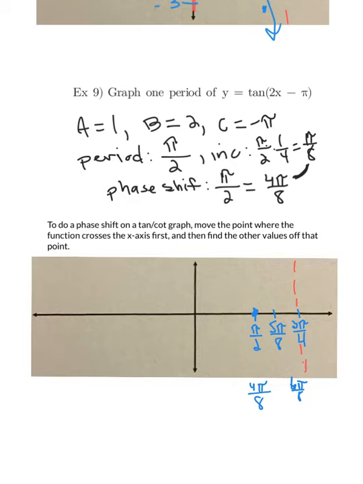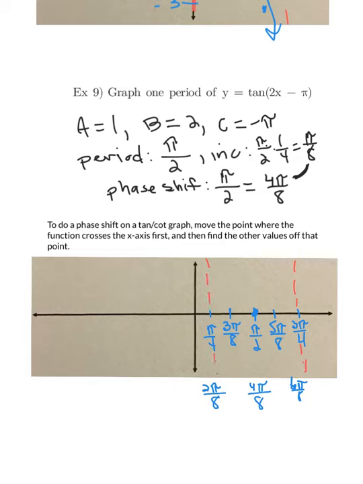Do the same on the left. The first mark over, 4 pi over 8 minus pi over 8, will put us at 3 pi over 8. 3 pi over 8 minus pi over 8 will put us at 2 pi over 8, which is pi over 4. And the second mark over is our asymptote.